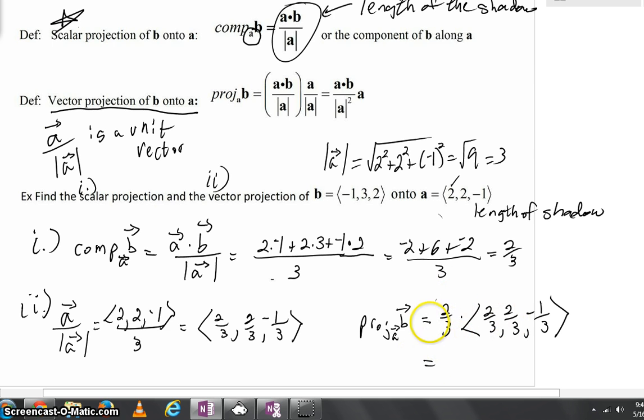So my new length is guaranteed to be 2/3 because my overall vector length here is 1 for the unit vector. Final answer would be 4/9, 4/9, and -2/9. And now I have a vector that has a length of 2/3 and it's going in the direction of vector A.